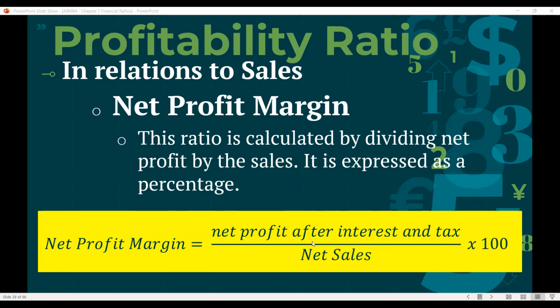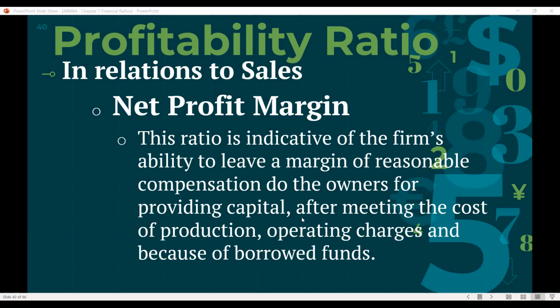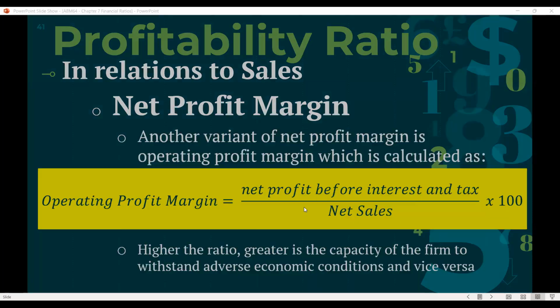So this is actually net profit or net income after your interest and your taxes. So it can focus more on paying your other expenses, your cost of production, your operational charges, and borrowed funds. So that's it for net profit margin.